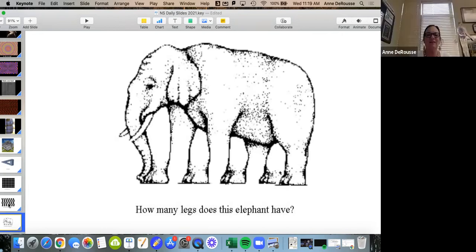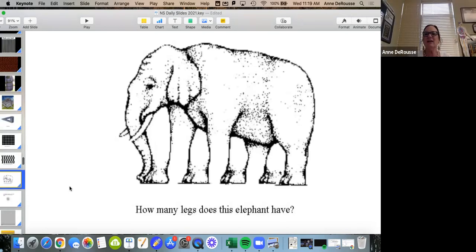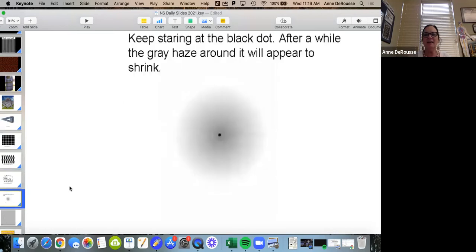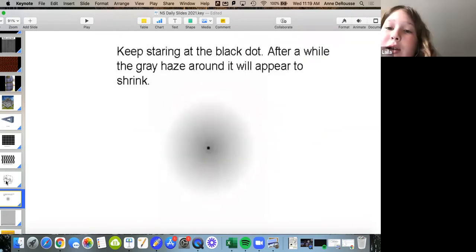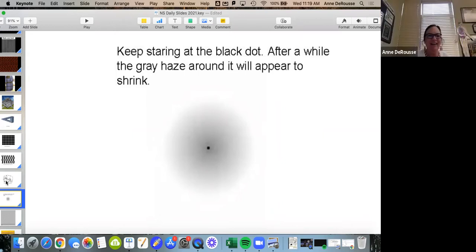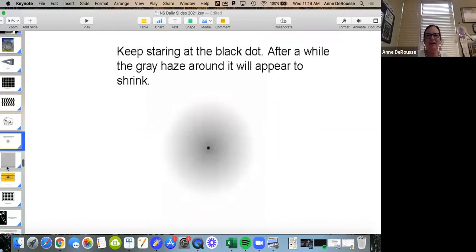All right. Stare at this black dot, and after a while, the gray haze will disappear. Does it? This is crazy. Okay. What about this?